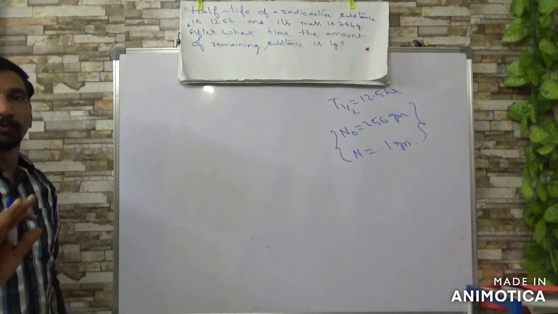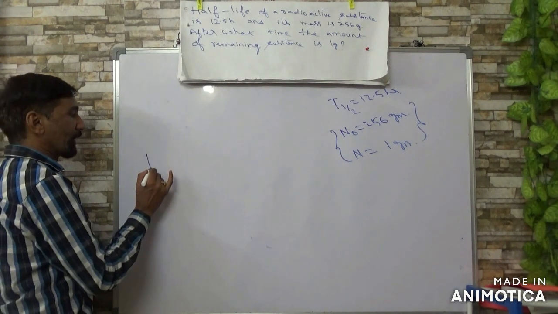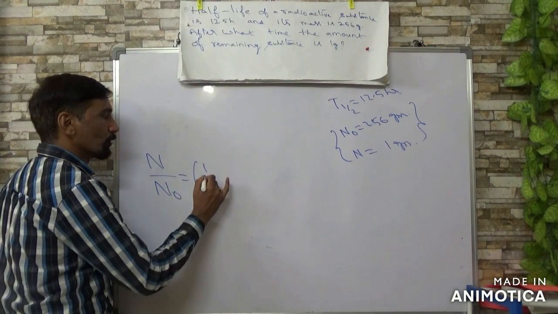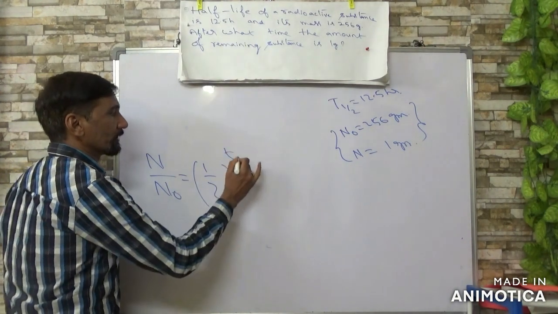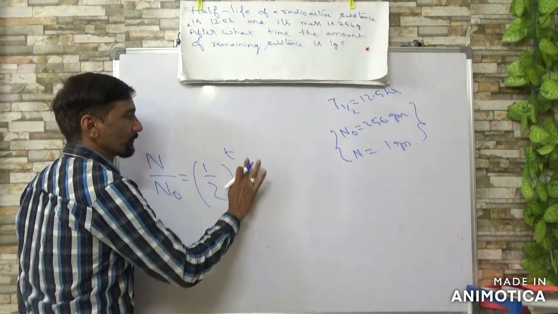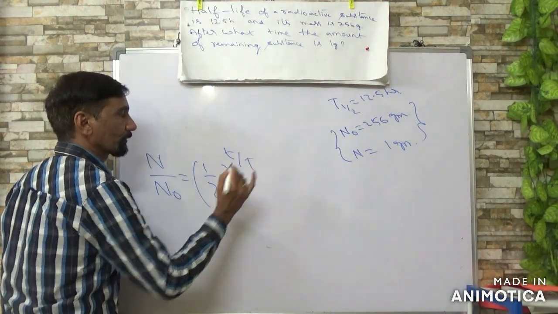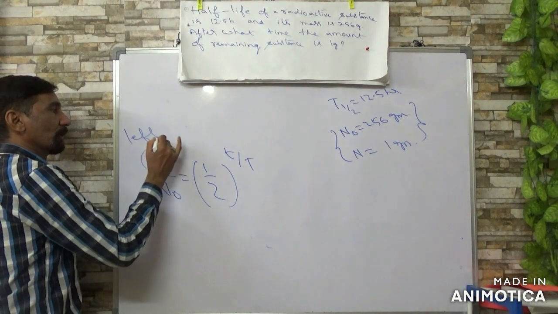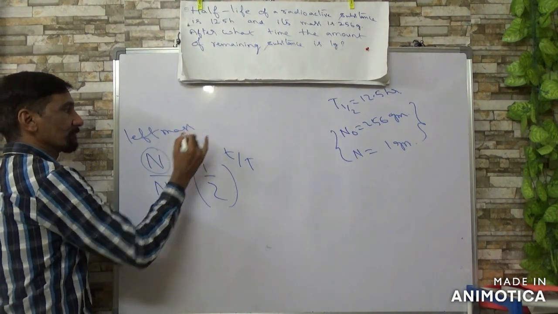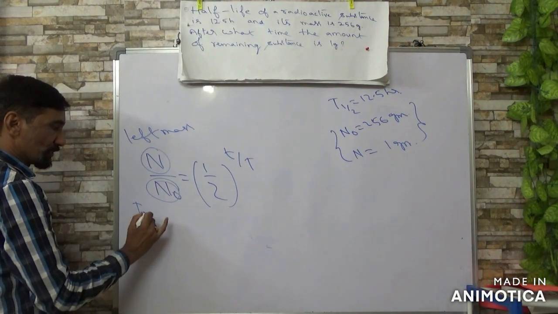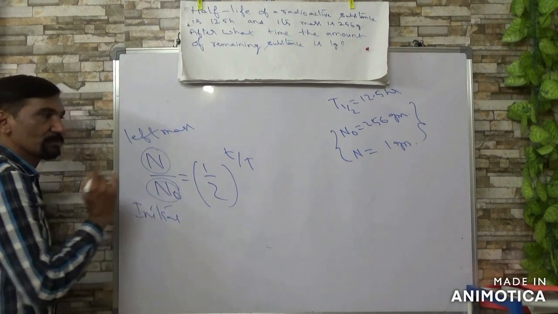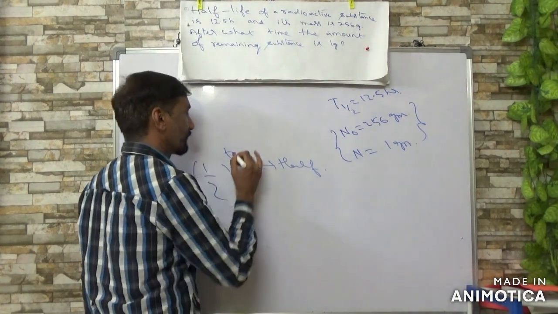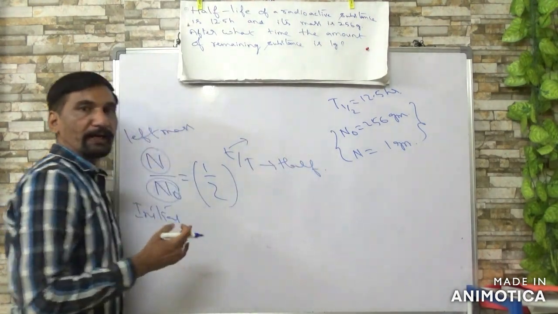So in this type of problem, N by N naught is equal to 1 by 2 power t by T. Here N always denotes the left mass, N naught is the initial mass, T is the half life, and t is the allotted time.